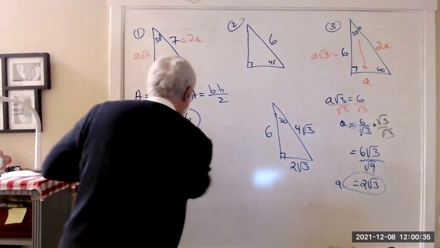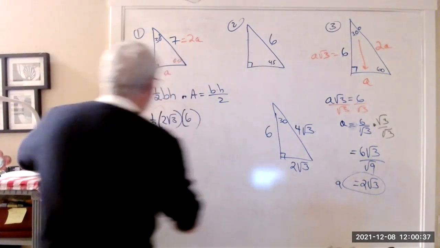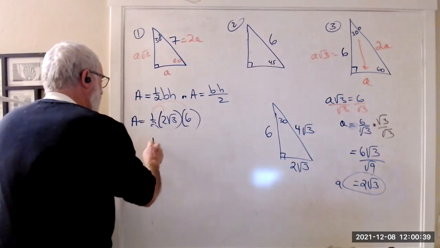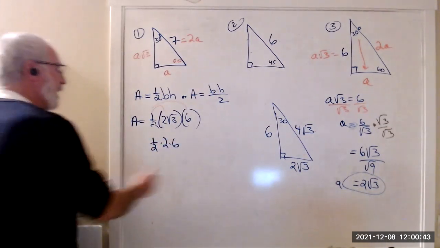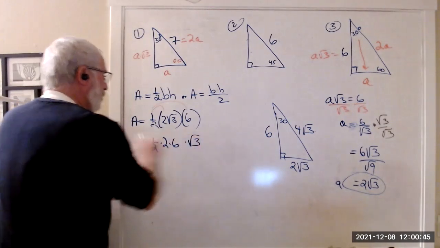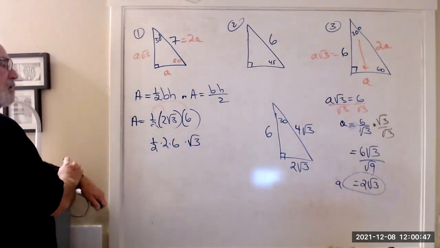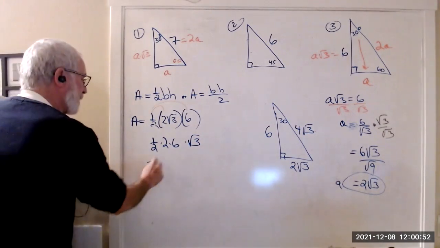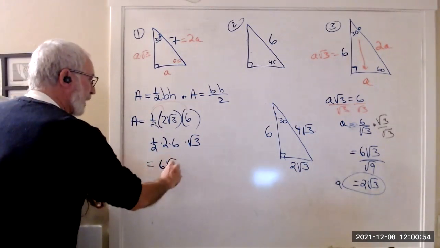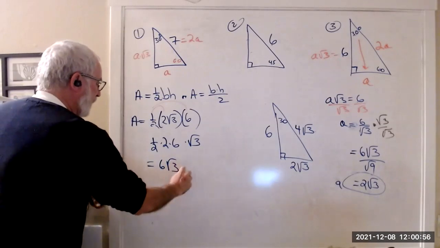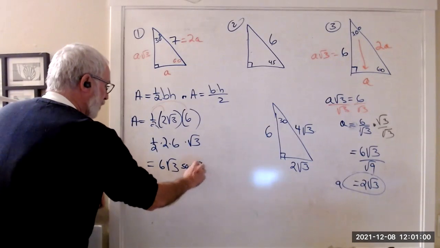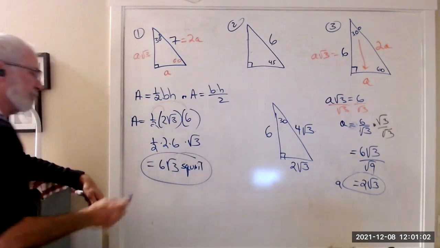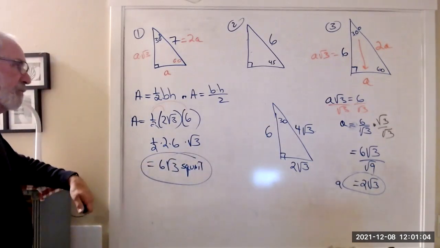If you recall, our rule for multiplying radicals was outside times outside, 1/2 times 2 times 6, and inside times inside, radical 3. So this becomes 6 radical 3, and technically it's square units, whatever those are, inches, feet, meters, miles, whatever.